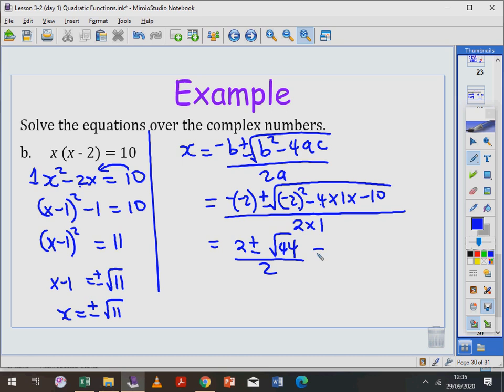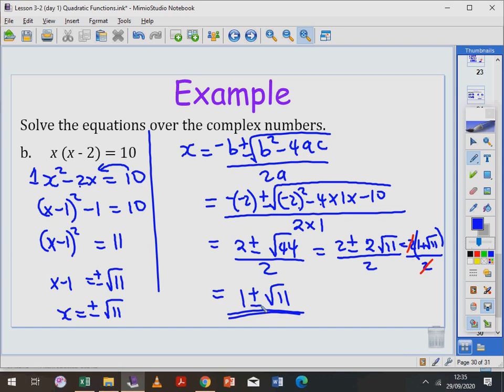Now this is 2 plus minus square root of 44. I hope you can simplify that to 2 root 11, all divided by 2. And at that stage, I can factor out a 2 into 1 plus root 11 divided by 2, and then I can cancel this 2 and end up with my answer as 1 plus root 11.